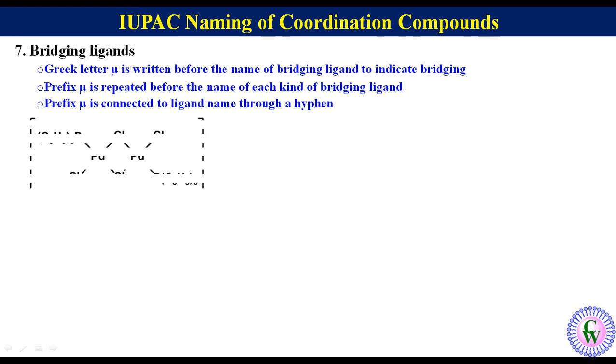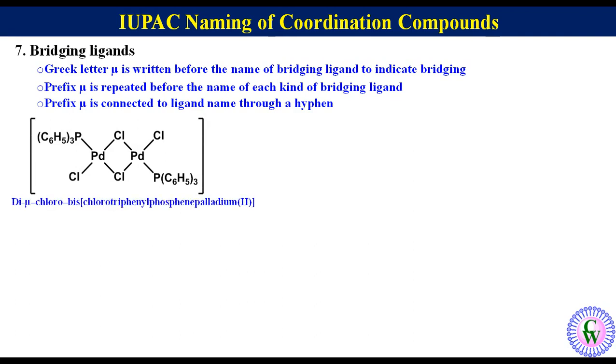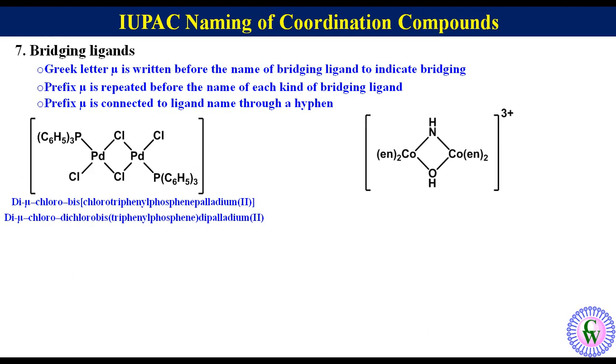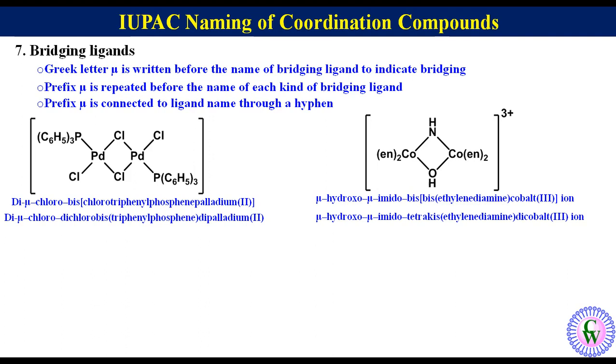Similarly, this palladium-based complex with bridging chloride ligands can be named as di-mu-chloro-bis(chloro triphenylphosphine palladium(II)) or di-mu-chloro-dichloro-bis(triphenylphosphine) dipalladium(II). This cobalt-based anion can be named as mu-hydroxo-mu-imido-bis(ethylenediamine cobalt(III)) ion or mu-hydroxo-mu-imido-tetrakis(ethylenediamine) dicobalt(III) anion.